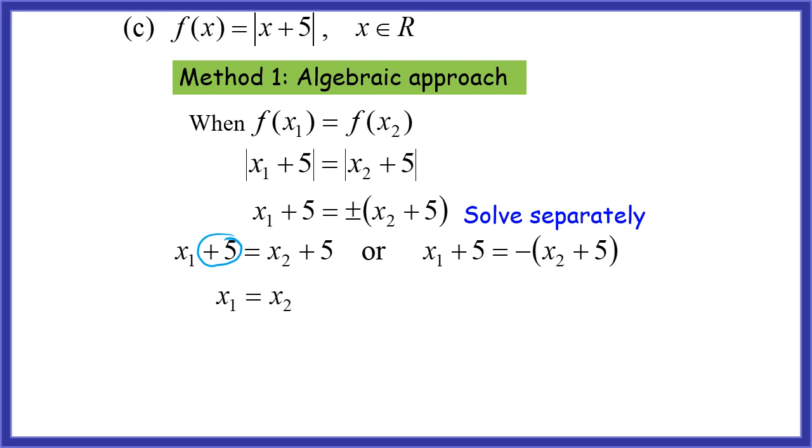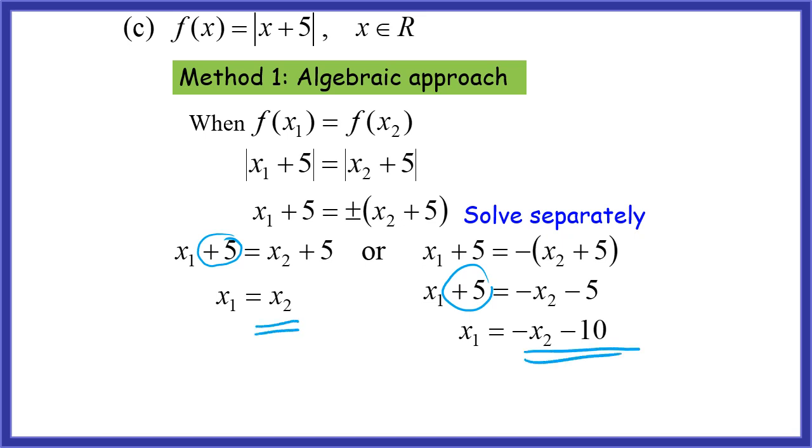But for the right side, what we have is x1 plus 5 equals negative x2 minus 5. To eliminate this 5, we subtract 5 on both sides. But on the right side, what we have is negative x2 minus 10. So for this one, x1 has 2 values, which means it's not unique.